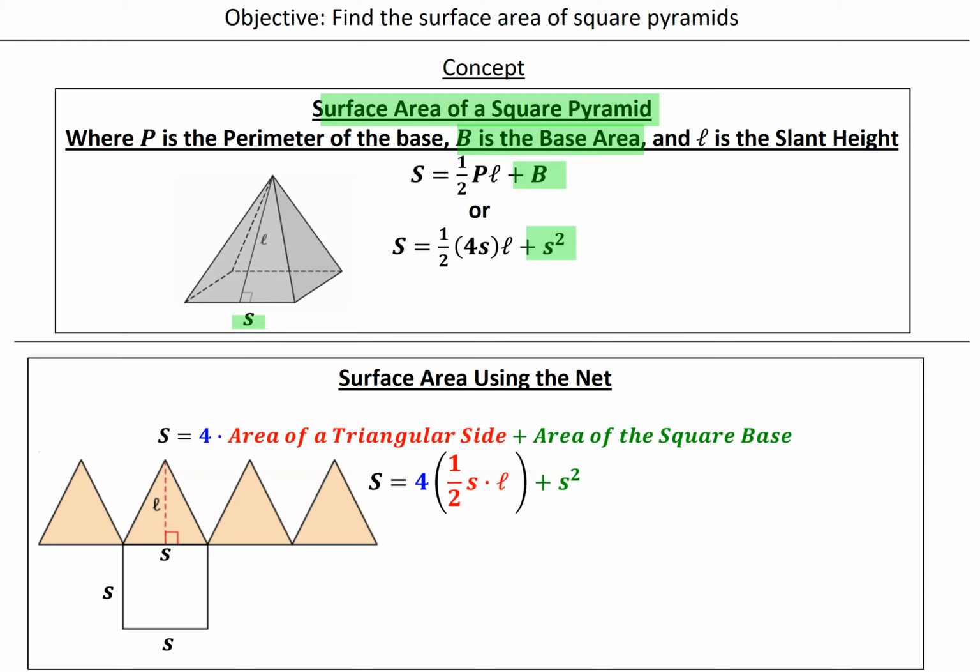The other pieces of our pyramid would be our sides, and those will all be triangles. And because our base is a square, all of those triangles are going to be congruent to each other. So all of these sides would, of course, each measure S.